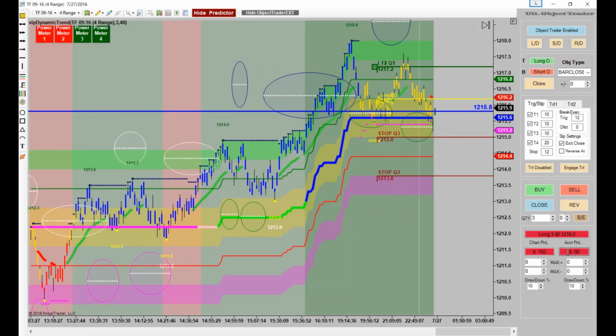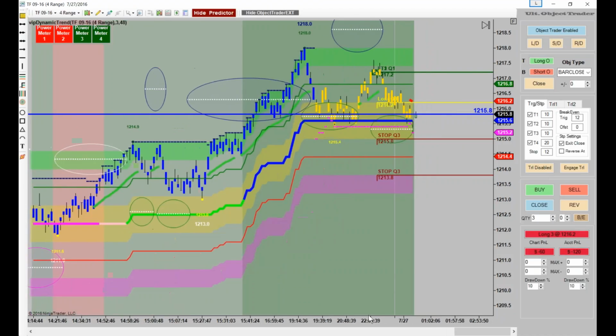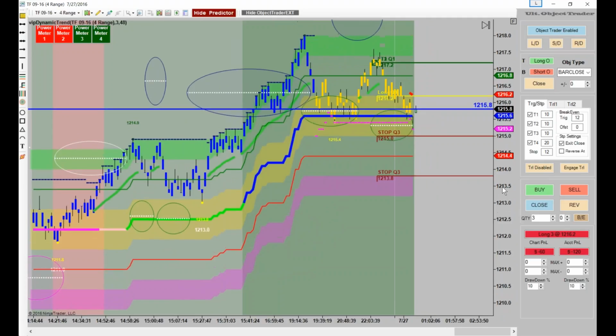Okay, with 3 contracts, you're going to be down a little bit naturally. We'll see if we can get back up to break even at least. We took the trade based on the bar close. That's where it got us in. Popped up. And we will change our stop, though, if this thing decides to pop up. Okay?